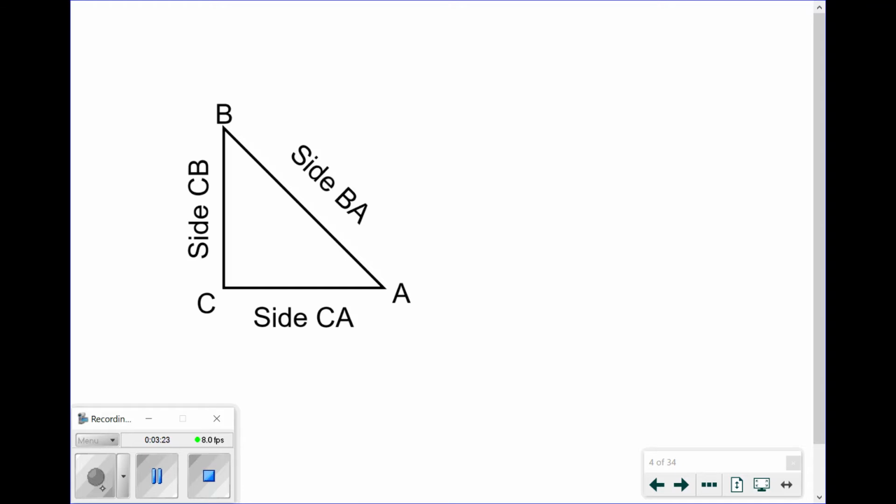And sometimes you'll even see it written with symbols, line BA, line CA, line CB. And these all work very well for a math class where you're just dealing with the corners or the angles of the triangle or any other geometric shape, and you're trying to identify sides based on those corners.